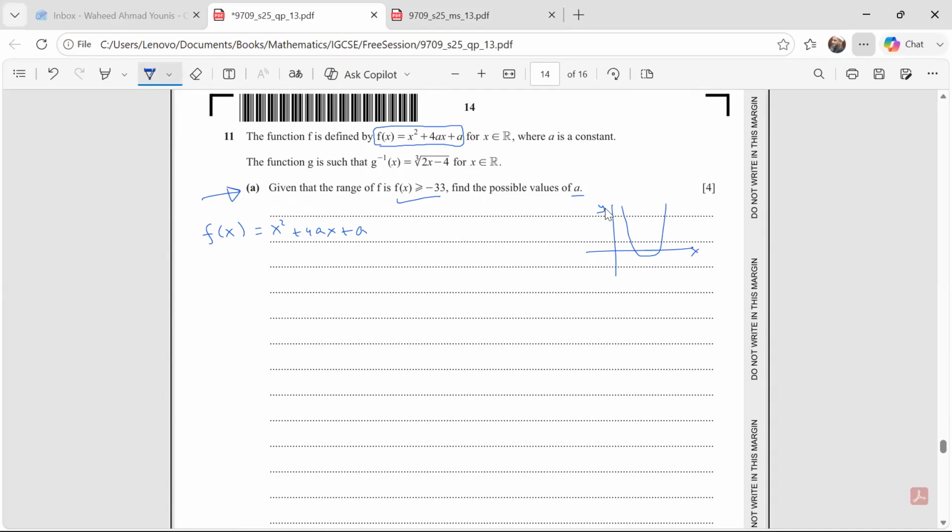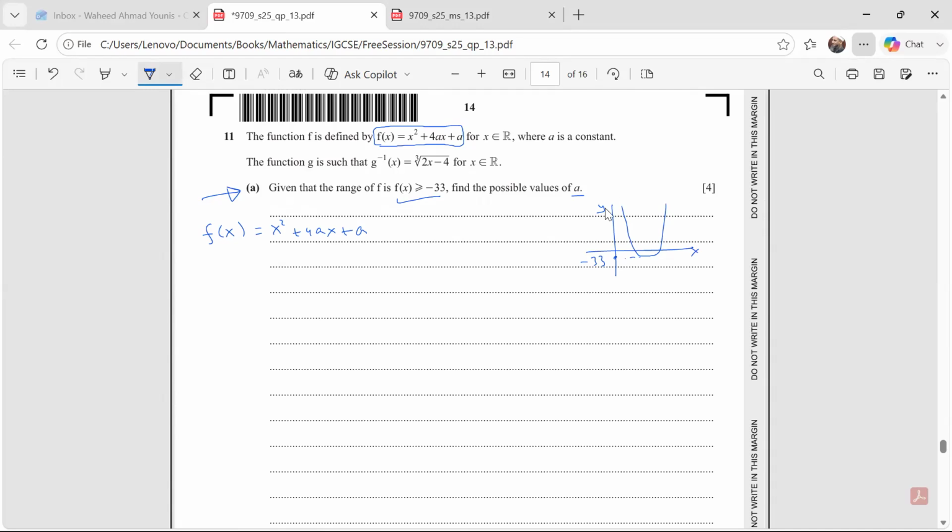From the information that the range of this function is above minus 33, I can say that the lowest point of this function is minus 33. The domain of this function is all real numbers, but the range is above minus 33, so the function is something like this. From this information, we have to find the value of a.